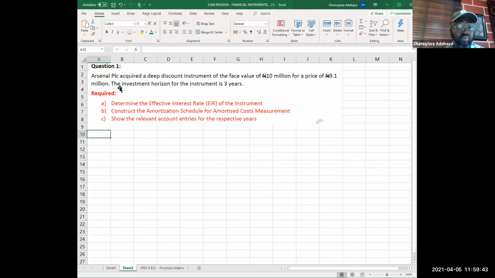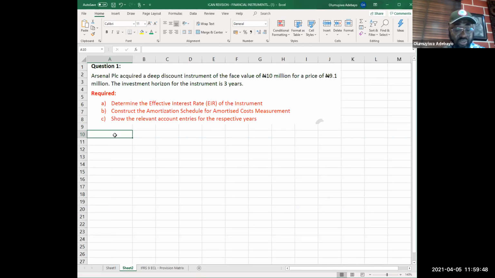Now, in Excel, you have to have your input sheets. So I'll just do everything on one page. My input data. What are the input data?